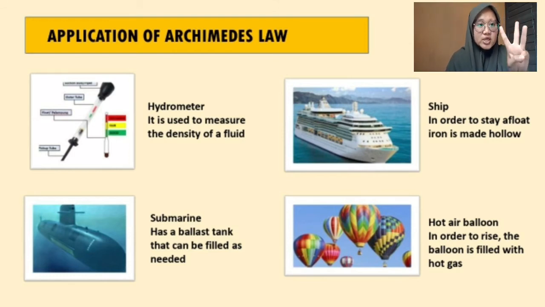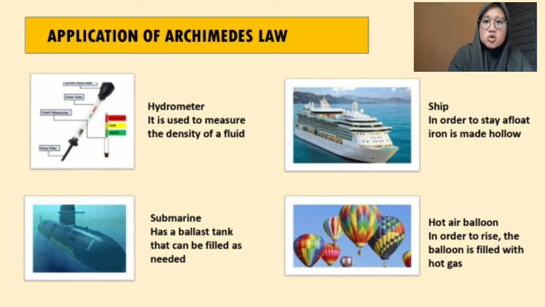Okay, 3 is the submarine. A submarine has a ballast tank that can be filled as needed. In order to float, the tank is filled with air, while in order to sink, the tank is filled with water. And 4 is the hot air balloon.